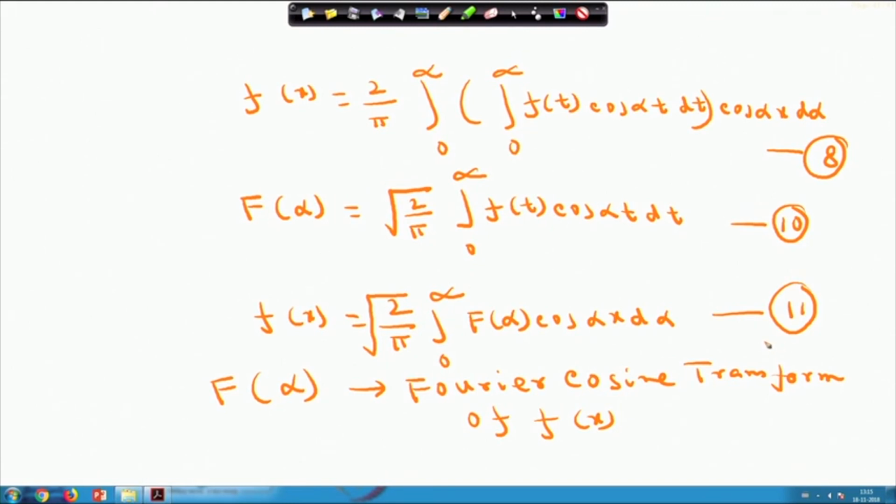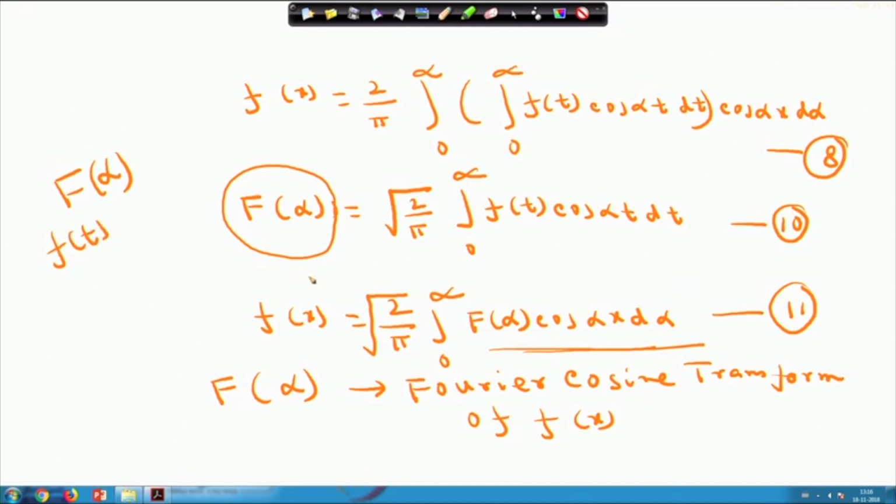In equation 11, suppose F(alpha) is given to me and f(t) is an unknown function.